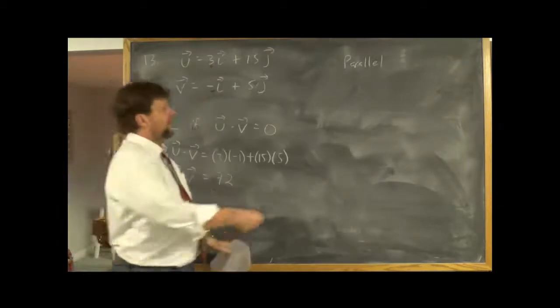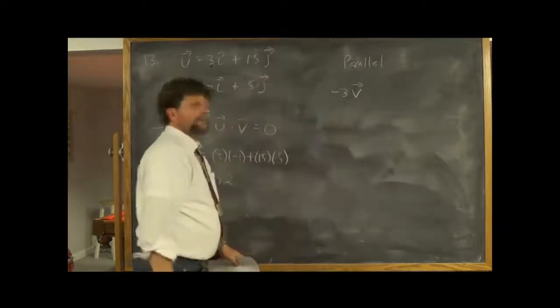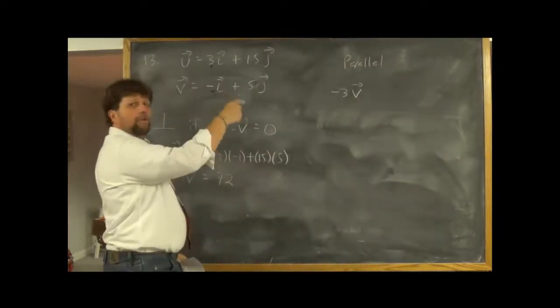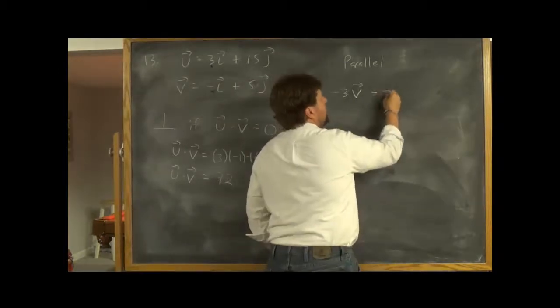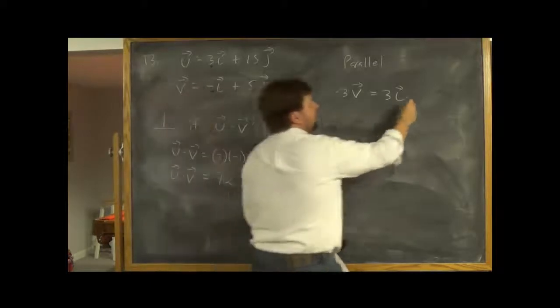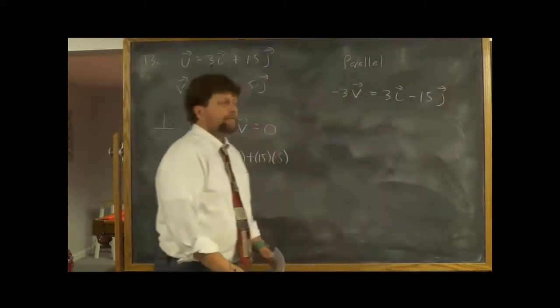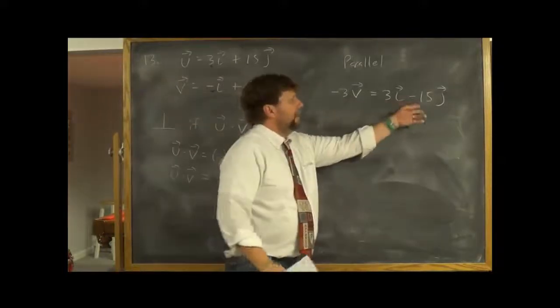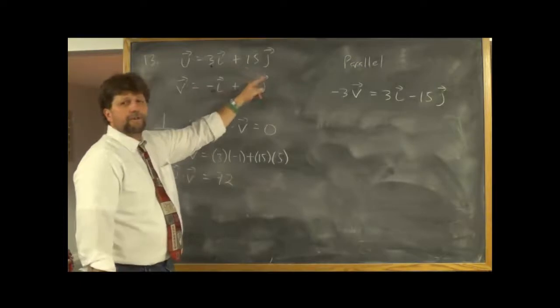So what is negative 3 times vector v? I multiply vector v by negative 3, and that would give me a positive 3i minus 15j. 3i minus 15j is not vector u.